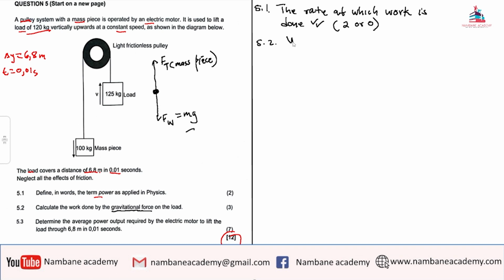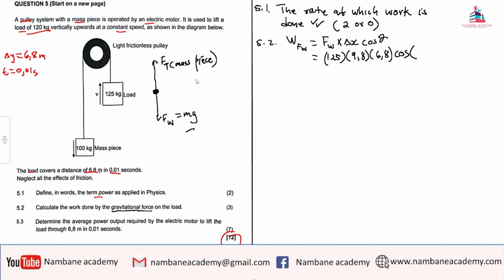So when we want to calculate work done by Fw, it is just Fw multiplied by x cos theta, and this will be just mg, which is 125, multiplied by 9.8, multiplied by 6.8. Now comes the biggest challenge here. Is it going to be cos of 180 or cos of 0?